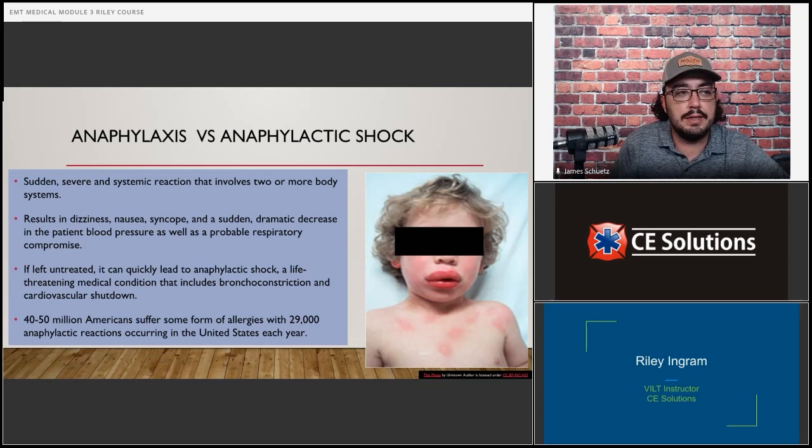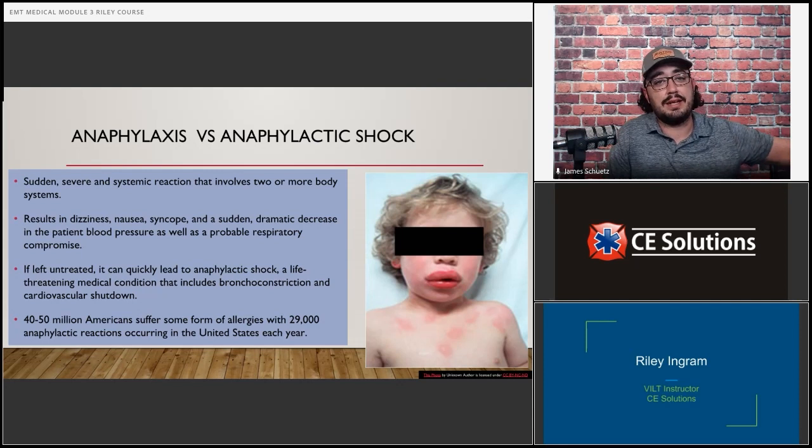This results in dizziness, nausea, syncope, and a sudden dramatic decrease in the patient's blood pressure, as well as probable respiratory compromise. I was taught anaphylaxis means airway involvement. All right. They have since gone back and retailored that definition, and it is 2 or more body systems. Now, if left untreated, anaphylaxis can quickly lead to anaphylactic shock.